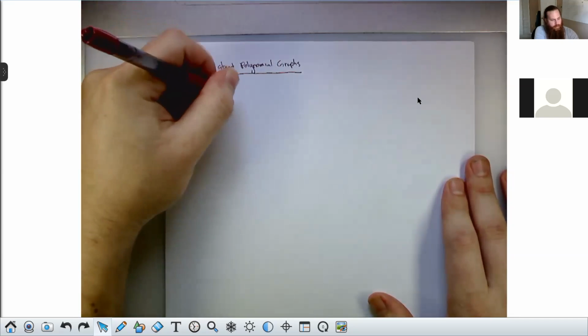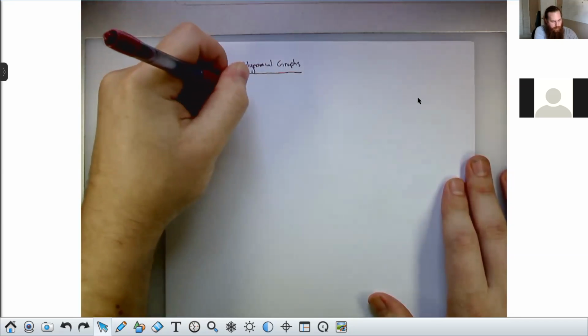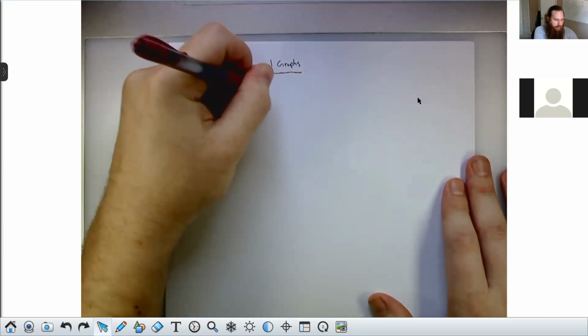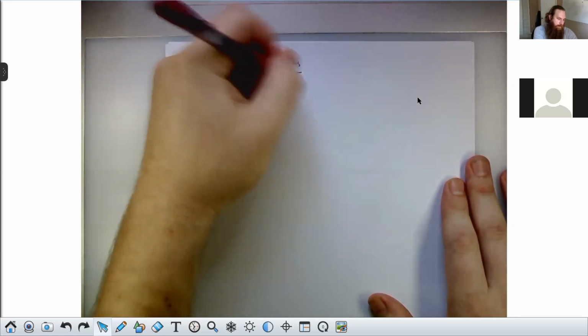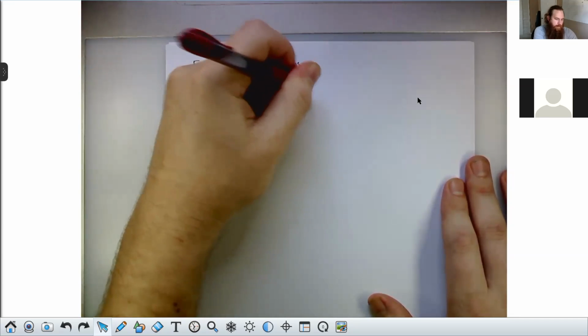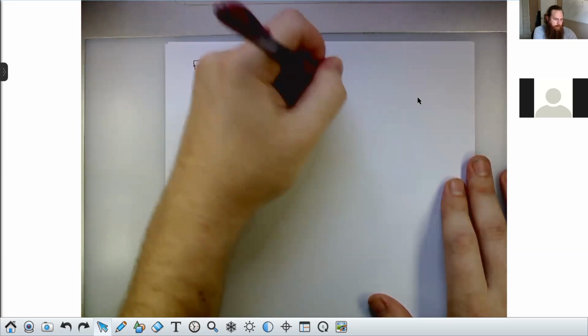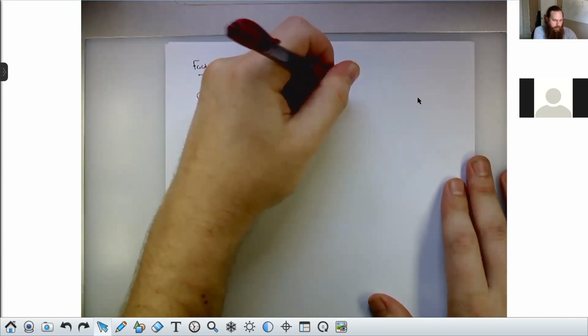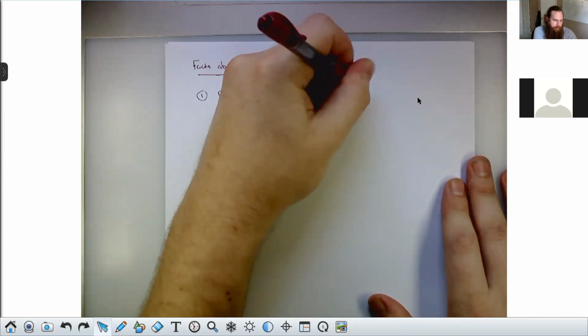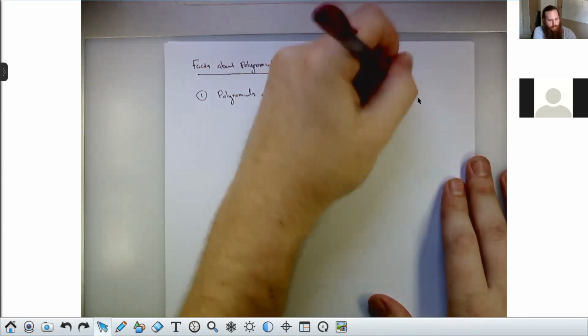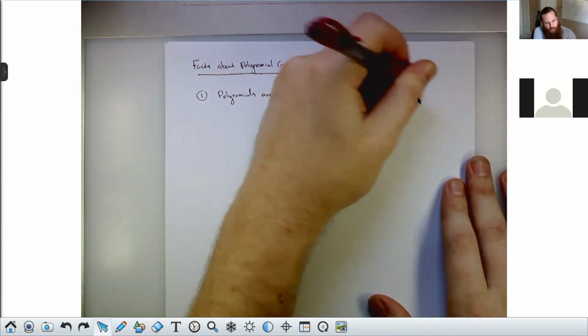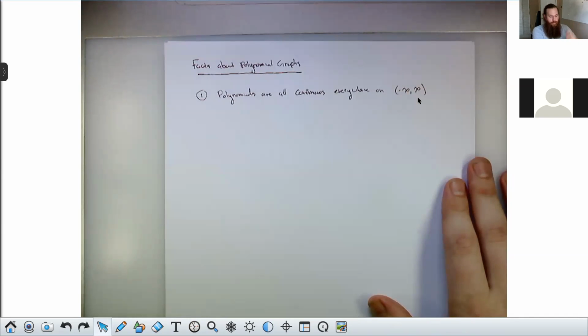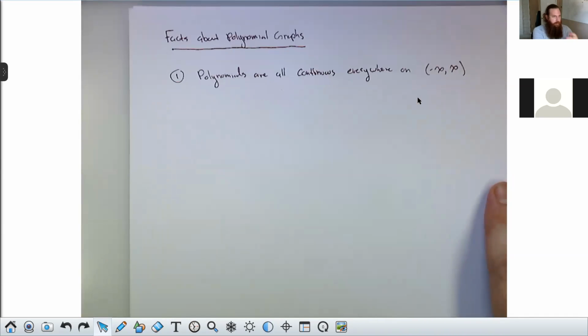Polynomials are continuous everywhere on negative infinity to infinity, which means you can draw the graph without lifting your pencil.